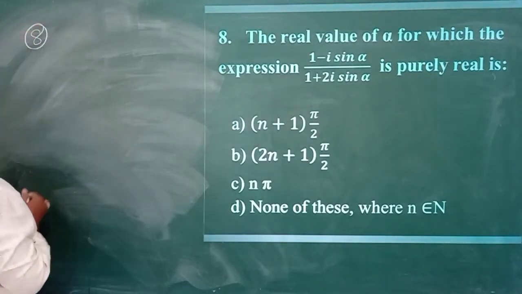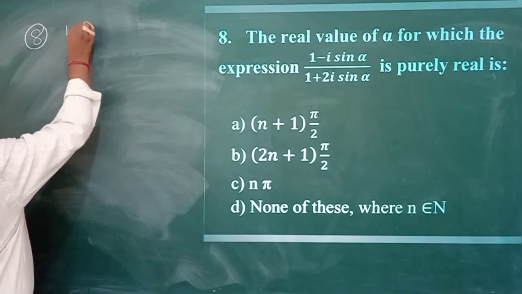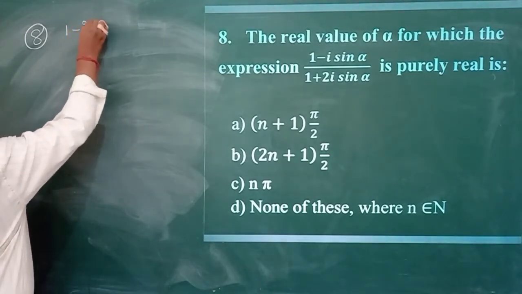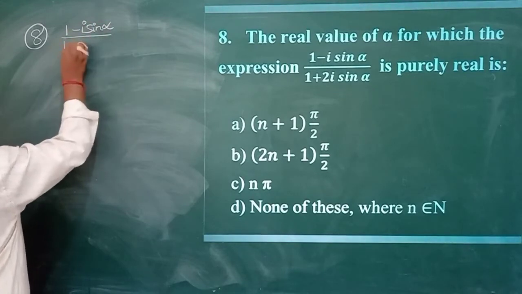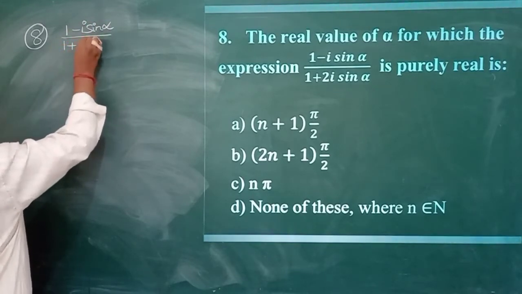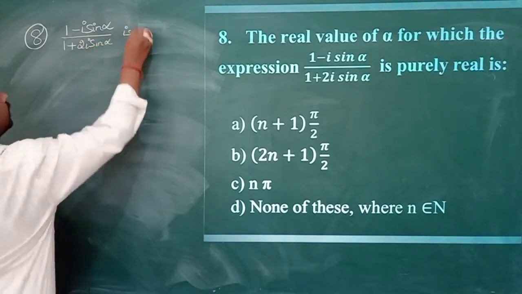Question number 8. The real value of alpha for which the expression (1 minus sin alpha) divided by (1 plus 2i sin alpha) is purely real.